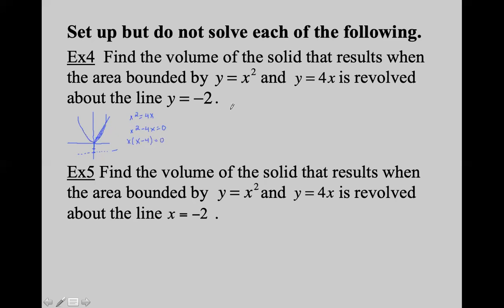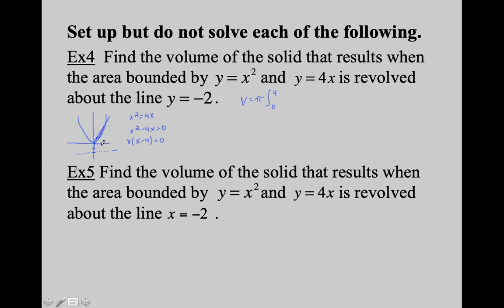And so our limits of integration are 0 and 4. I can set up my integral then. I have the volume is equal to pi times the integral from 0 to 4. And now I need to do my big R squared minus my little r squared.